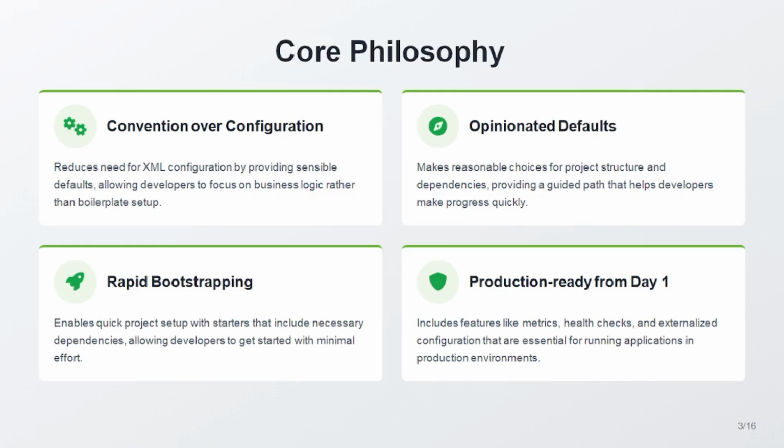The next one is opinionated defaults, making reasonable choices for project structure and dependencies, providing a guided path that helps developers make progress quickly. In Spring, this is the main pain point. Suppose I want to develop a Spring application with some database dependencies, the jars and all those things.